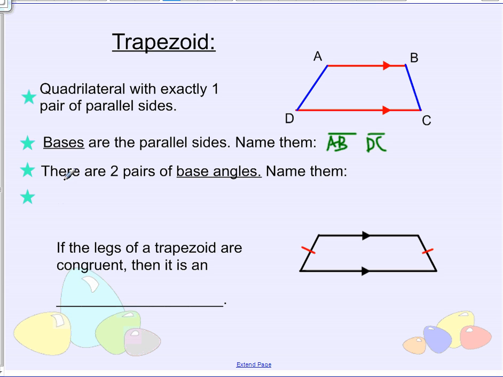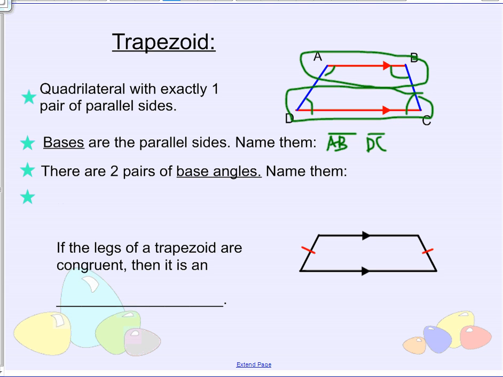Then there are two pairs of base angles. These base angles are angle D and angle C, and then we also have angle A and angle B. The base angles come in two sets. So for example, this would be a set and this would be a set.